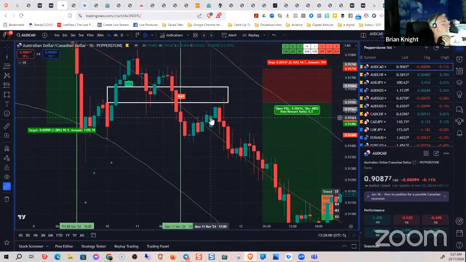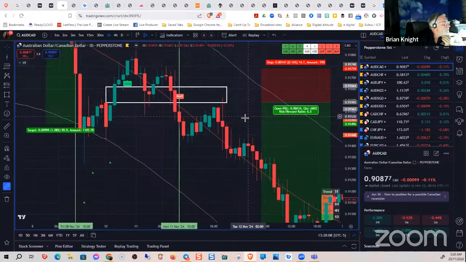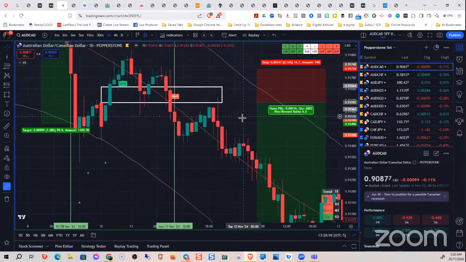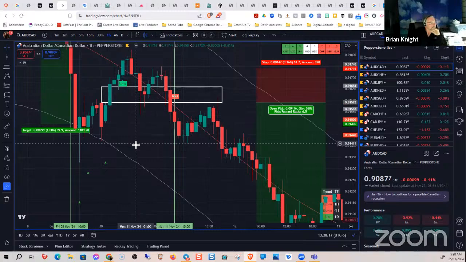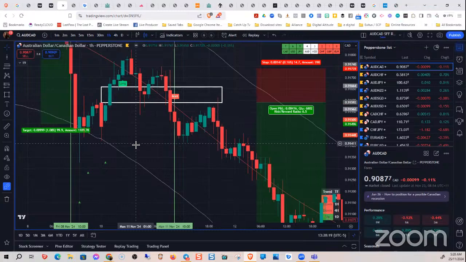Oh, is it that? No. There is no fair value gap there. That's why it came up and touched the fair value gap that was remaining from the previous. And then it goes down, and you keep following it down, and there's no fair value gap.